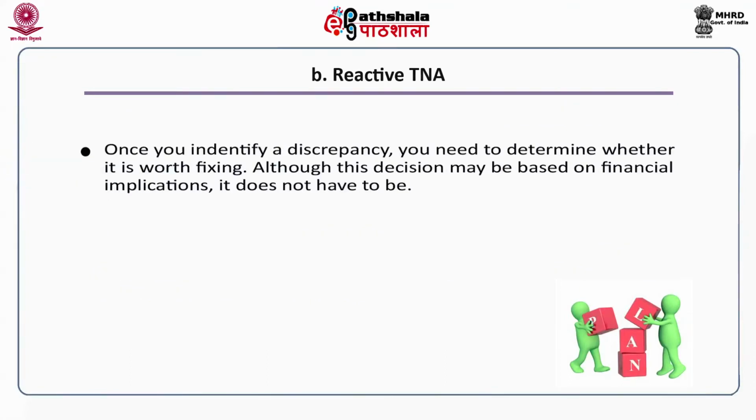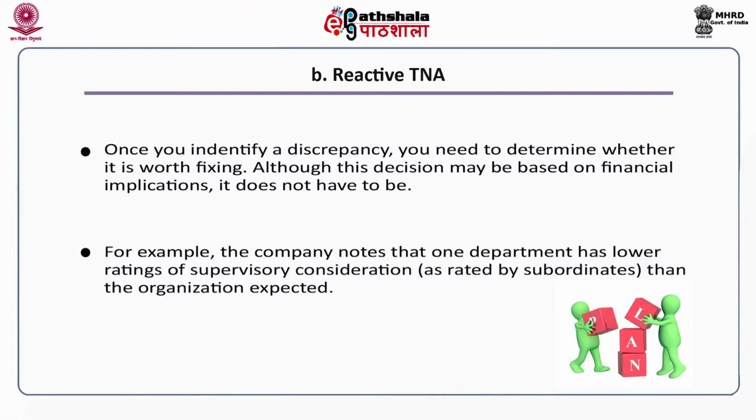Once you identify a discrepancy, you need to determine whether it is worth fixing or not. Although this decision may be based on financial implications, it does not have to be. For example, the company notes that one department has lower ratings of supervisory consideration than the organization expected.